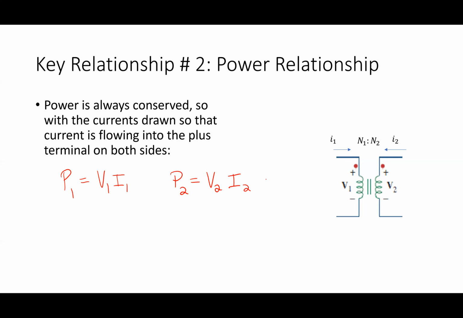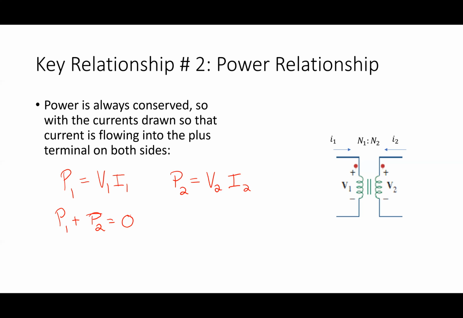What can I say about those two things? Power 1 plus power 2 has to be equal to 0. The total power into that thing has to be 0, because otherwise there would be power being created.